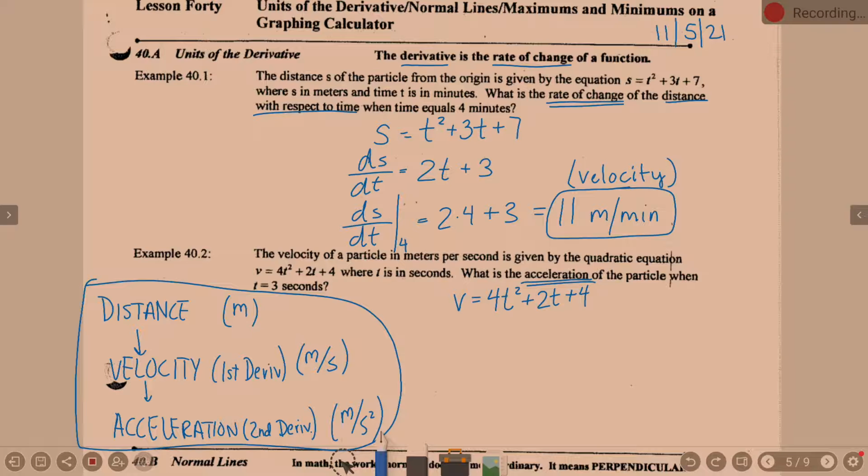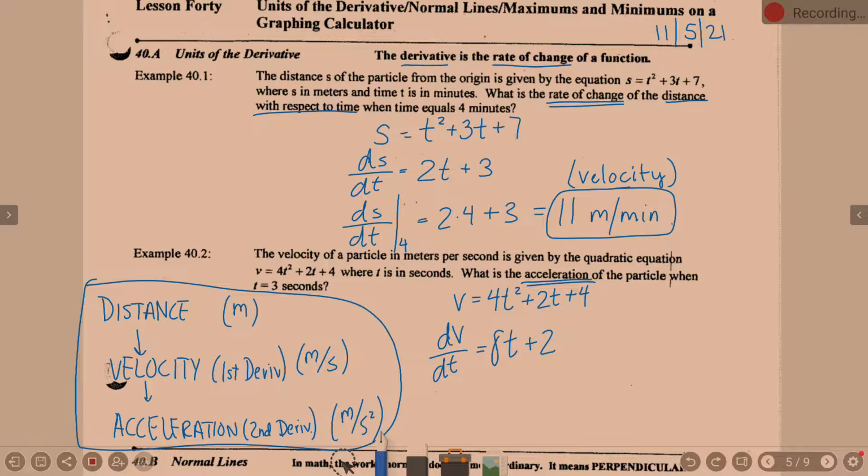So the first derivative is velocity. So we really already have the first derivative here, don't we? So we just need to find the second derivative. As we're trying to find this, it's the derivative of velocity with respect to t, so I'm going to call it dv/dt. And the derivative is 8t plus 2.